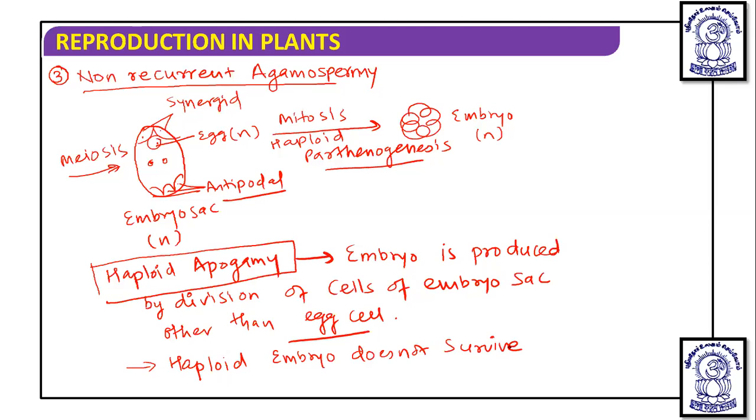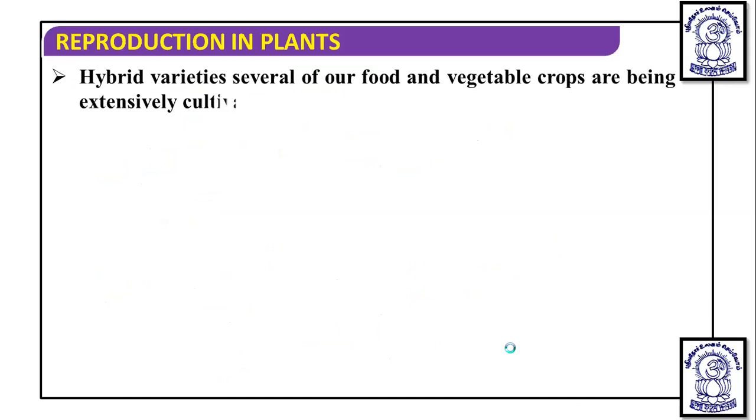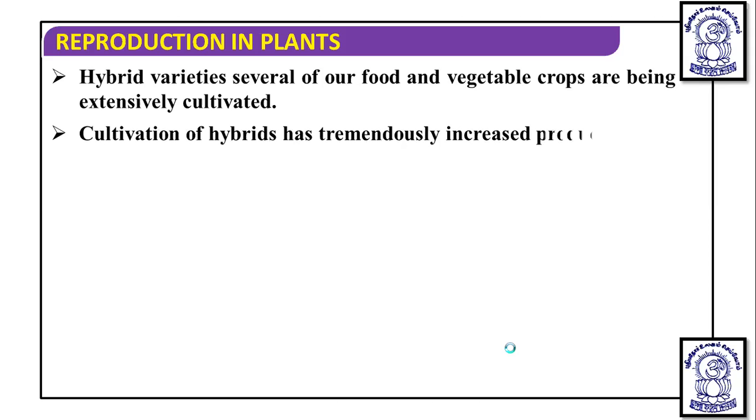And these are the three types of apomixis which we have studied here in detail. And now I hope you are clear with this apomixis. So the hybrid varieties of our food and vegetable crops are extensively being produced. Cultivation of hybrids has tremendously increased productivity.